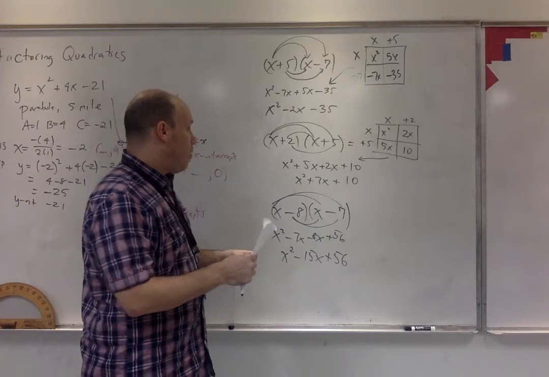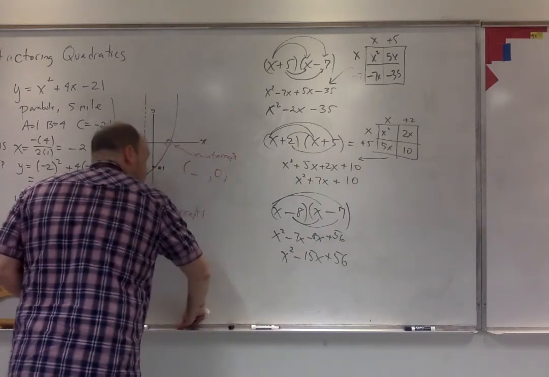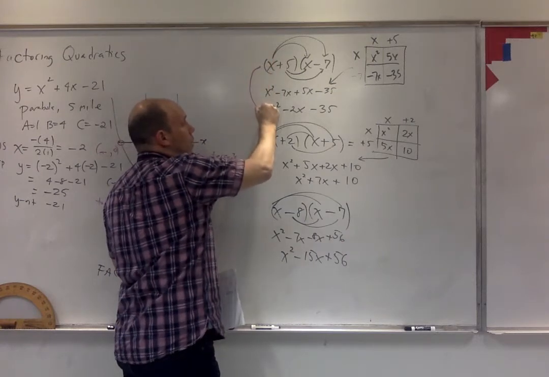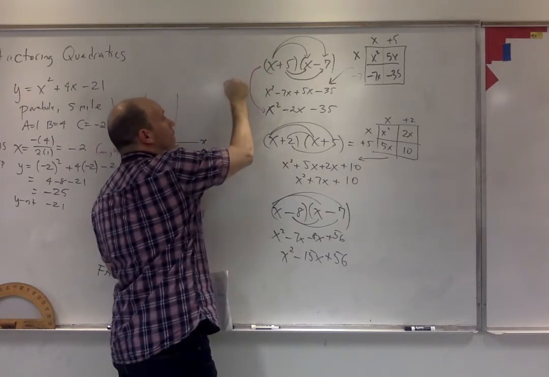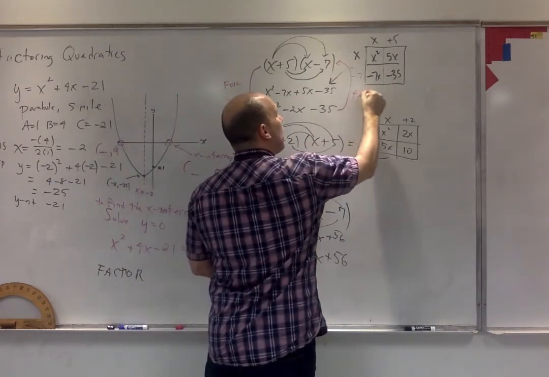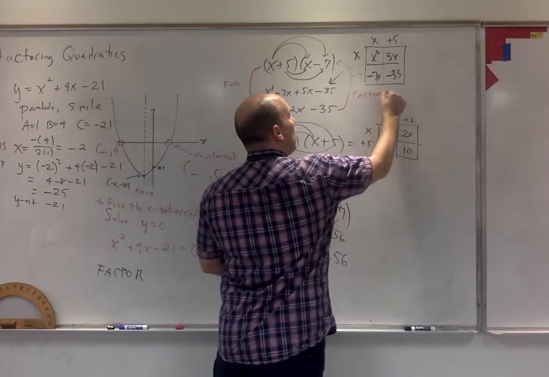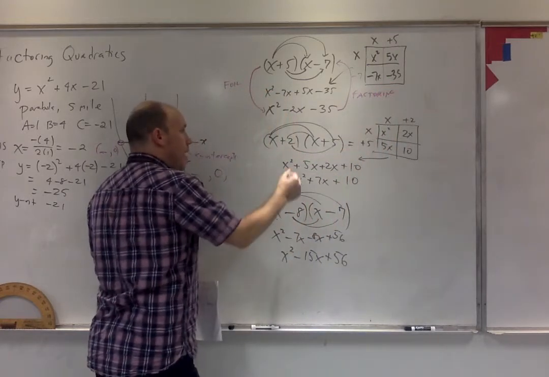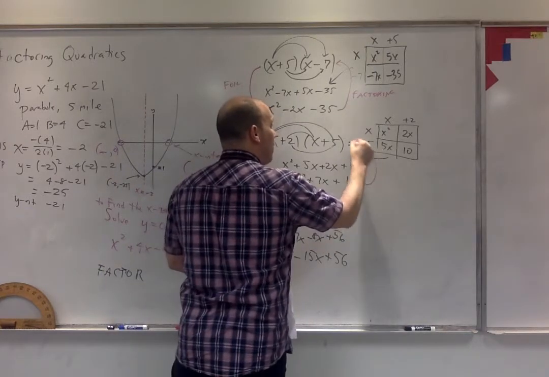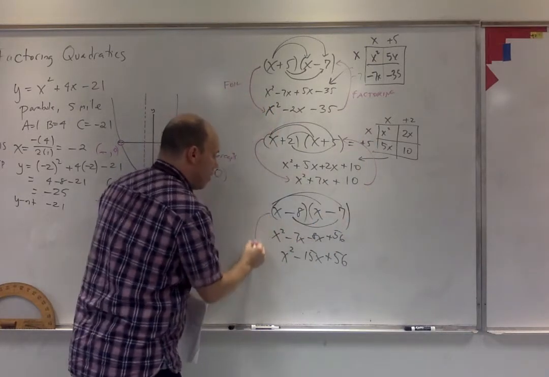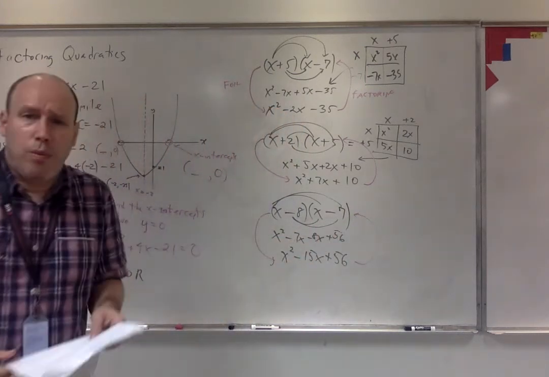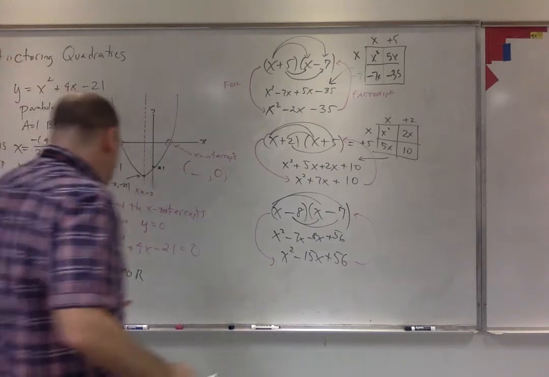If x plus 5 times x minus 7 gives us a trinomial using the FOIL method, then there's no reason why I can't do factoring. Same idea here: if I can take x plus 2 times x plus 5 and turn that into a trinomial, then there's no reason why I can't break it up. Okay, and before we start, I want to point out a couple of interesting things about this.